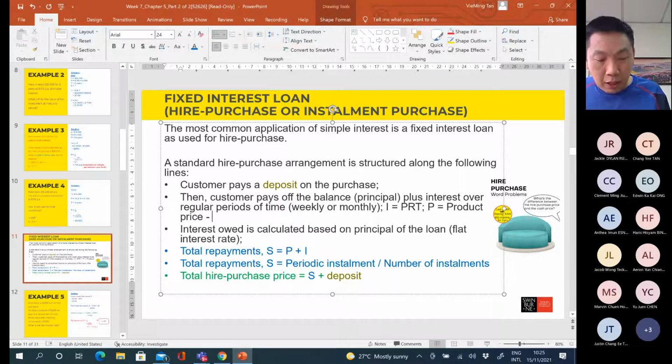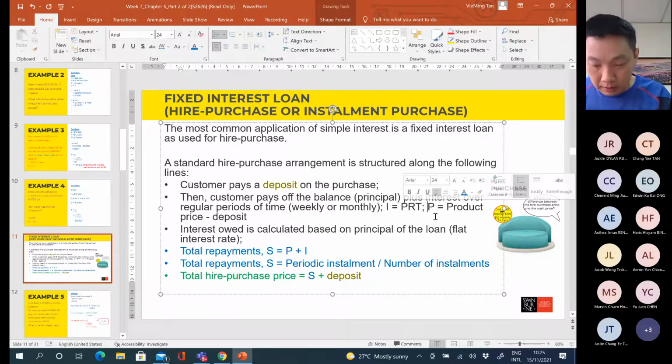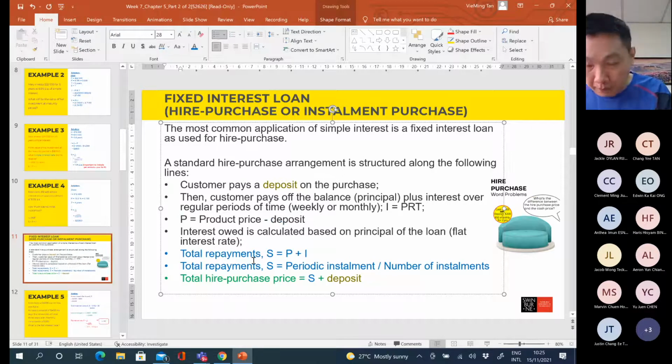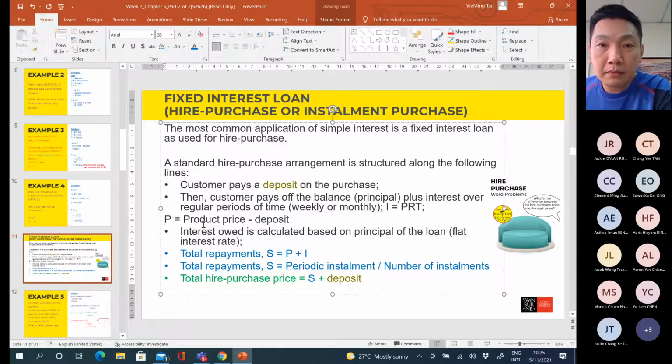Down payment means deposit. This P will be charged for interest in future. It's entitled for interest. So if the question involves hire purchase, P refers to the original product price minus the deposit.